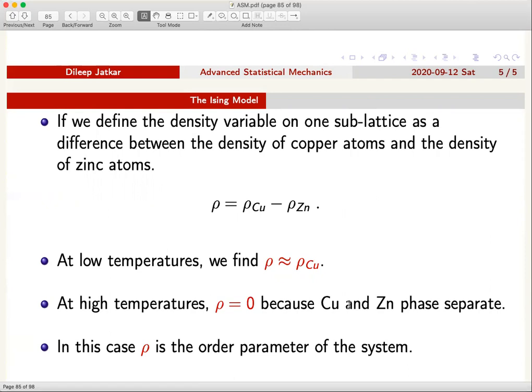Now if you are at temperature T equals 0, where you have a perfect lattice, then on the copper sublattice, every lattice point is occupied by copper atoms, and there is no lattice point occupied by a zinc atom. So in that case, rho is equal to rho Cu.